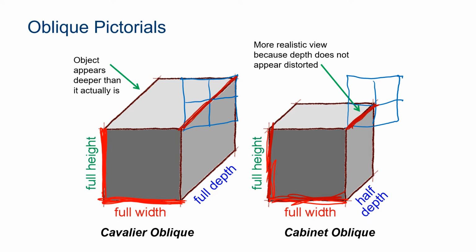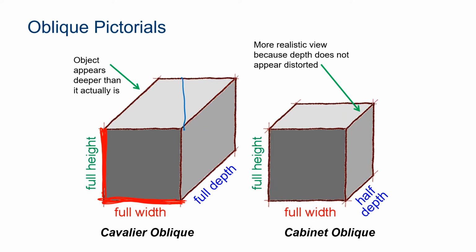And even though you only go back 1 in your sketch, it ends up looking more like a cube than the Cavalier. The Cavalier looks like it should be a rectangular prism, but really you're trying to represent a cube by going back the full 1, 2, 1, 2, and then 1, 2, but it makes it look super stretched out. So that's the difference.